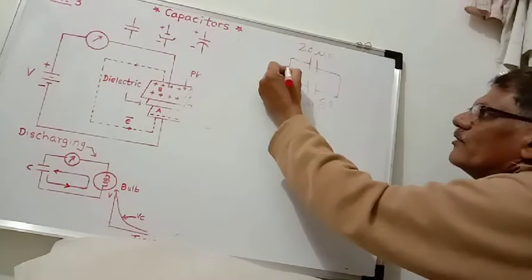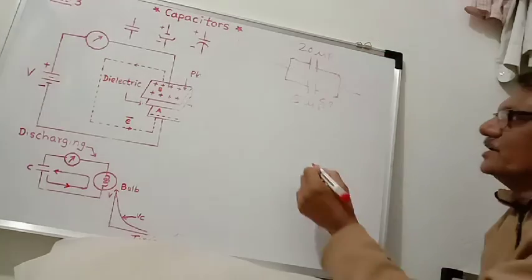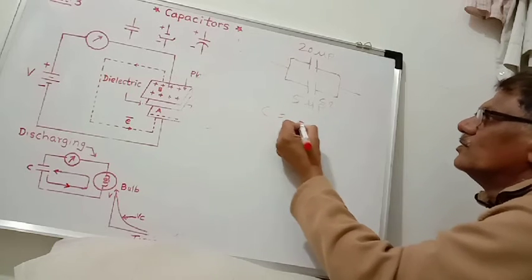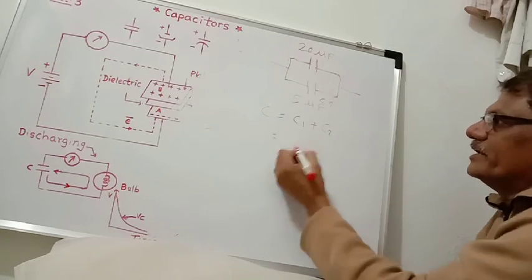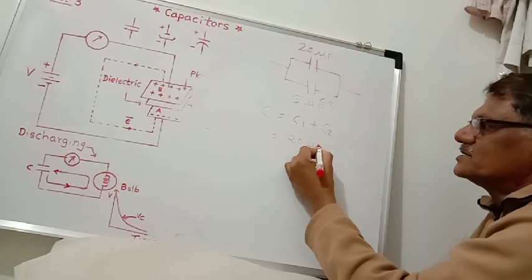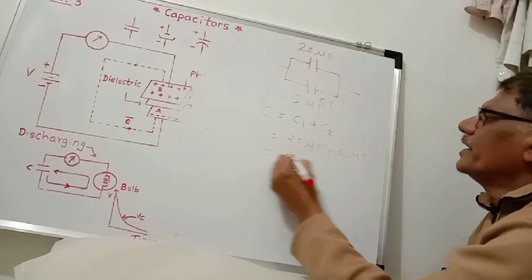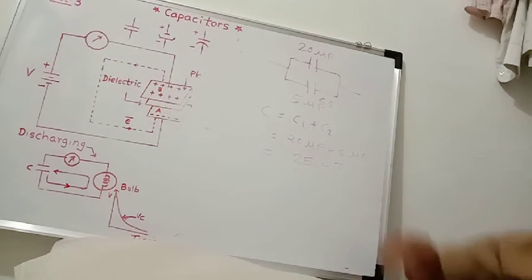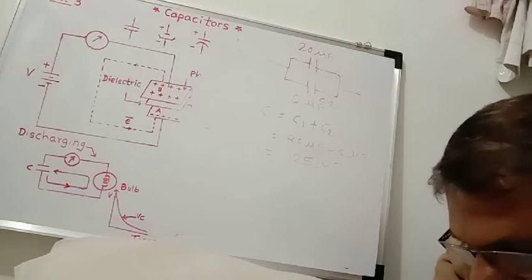Now when they are connected in parallel, the equivalent or total capacitance C is equal to C1 plus C2. So 20 microfarad plus 5 microfarad, we get 25 microfarad. So its equivalent capacitance is 25 microfarad. Okay.